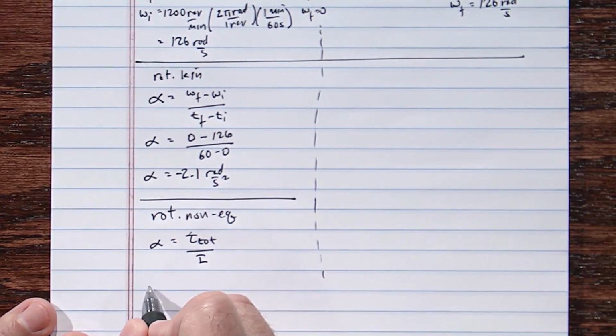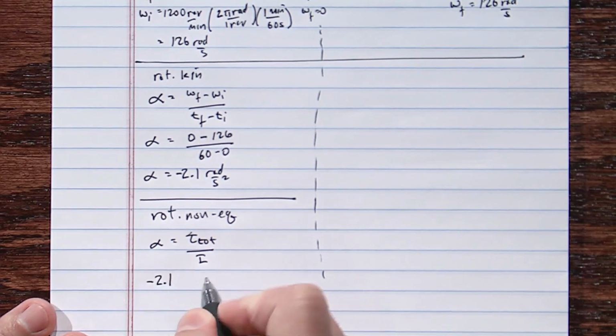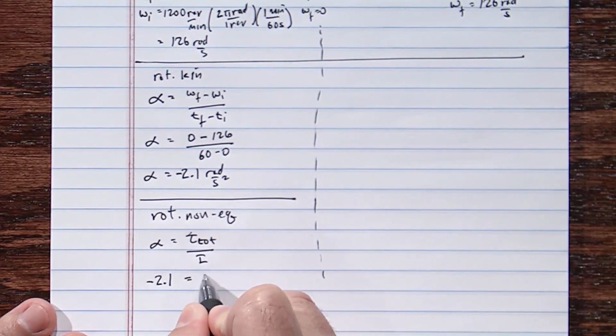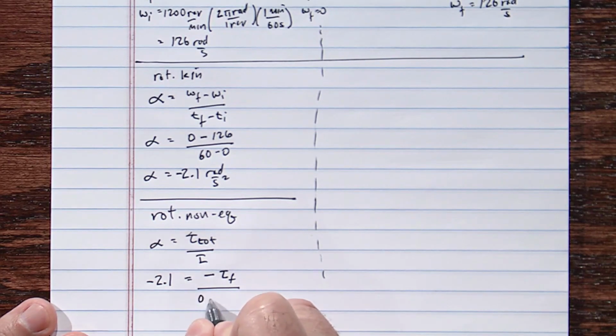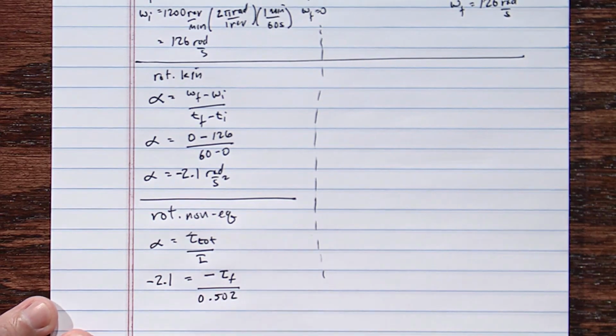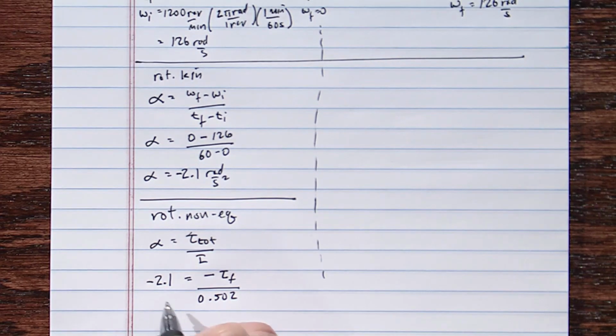So we have an angular acceleration of negative 2.1 equals minus the frictional torque divided by the rotational inertia of 0.502, and that tells us that the frictional torque, we have 2 negatives, so I'm going to multiply both by negative 1 and multiply both sides by 0.502. That says that 2.1 times 0.502 is equal to our frictional torque.